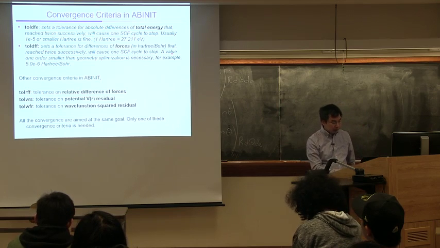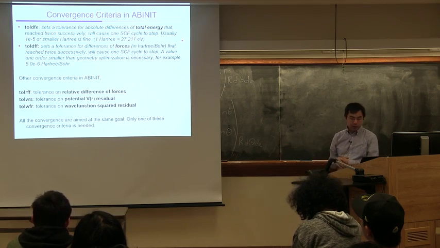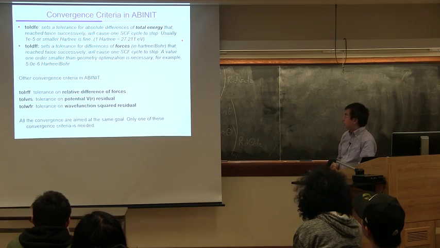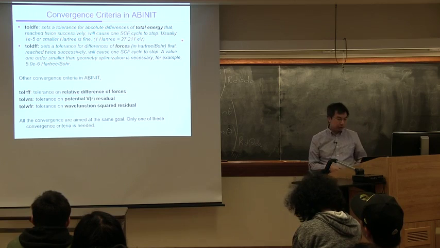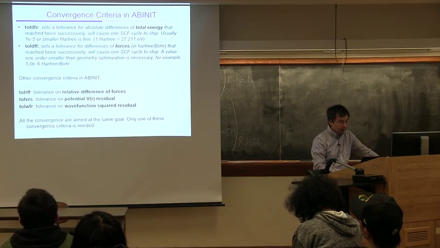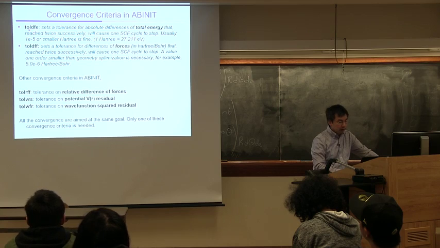Okay. So, what about the convergence criteria? How do we know it's converged? There are a few criteria you can use. In Abinit, for example, it could be the total energy.